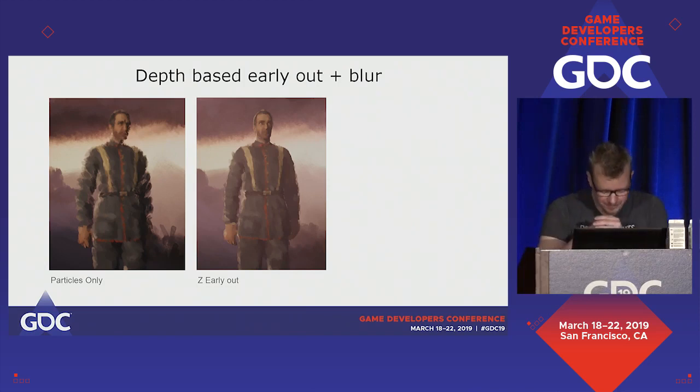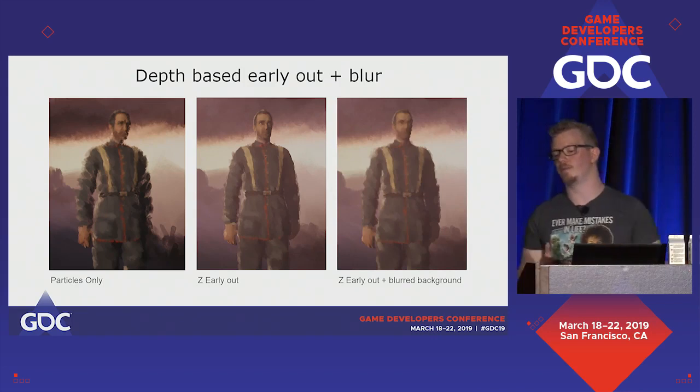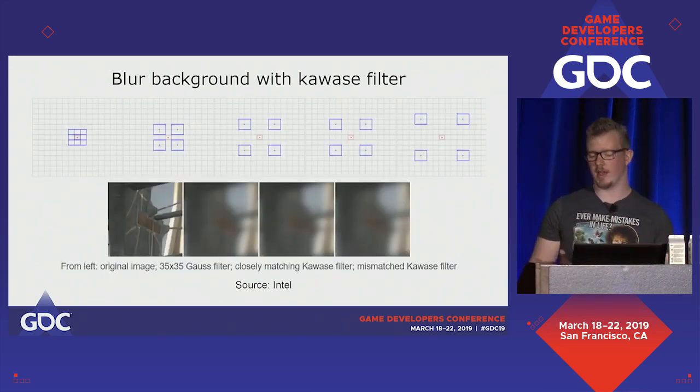what's in the foreground. So this works, but you see that we get quite hard edges on objects, which is not painted at all. In order to fix that, we end up blurring the background with a Kawase filter. The reason I ended up using this is that it's quite performant.